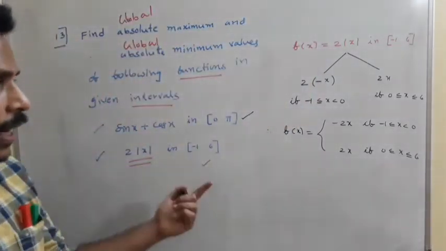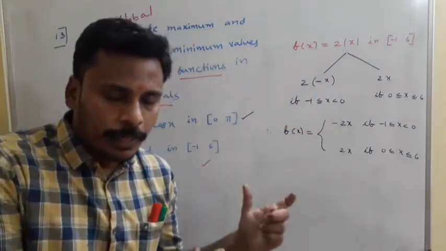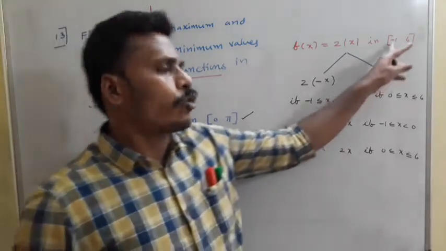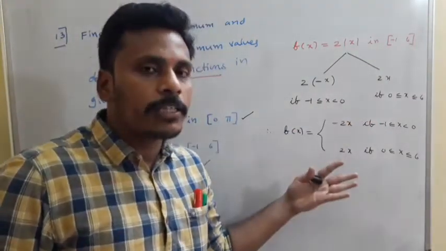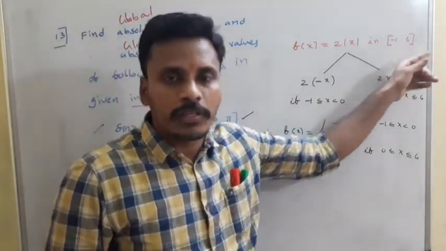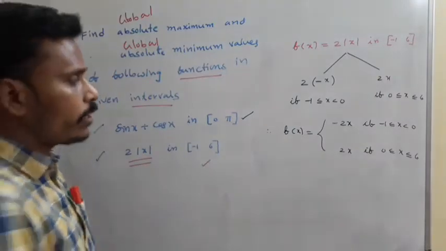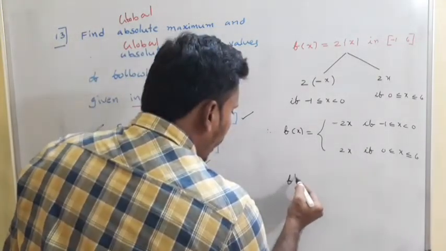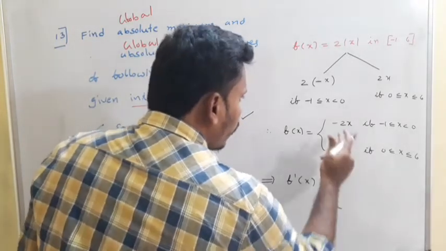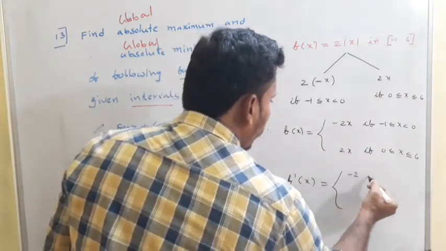As per the given interval, I have just split this function. To calculate global maxima or minima, we need to concentrate on the endpoints of this interval along with the maximum and minimum points. For that, we need f dash of x. For minus 2x, the derivative is minus 2.